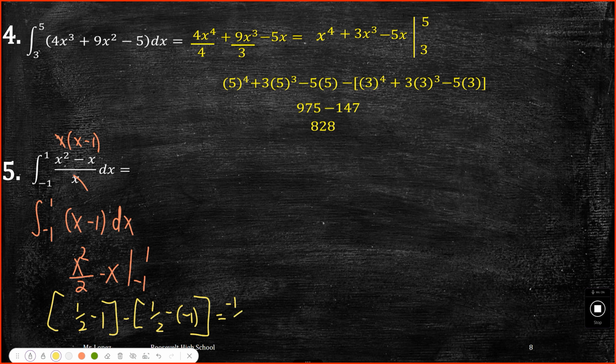Negative 1/2 minus, that's a plus, plus, that's 1/2, 3/2 minus 3/2, and that's going to be minus 4/2, which is minus 2. Negative 2.